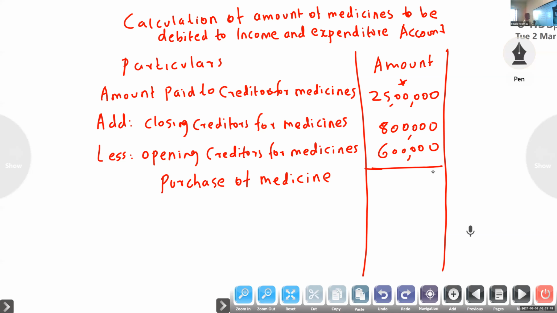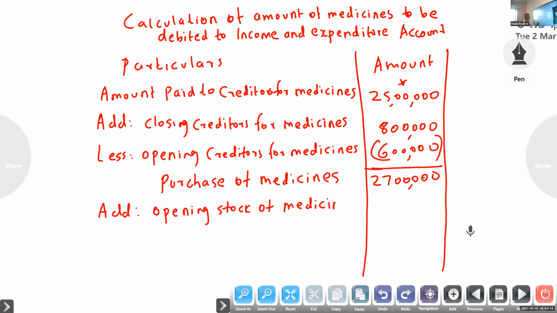So next, add, now here also stock, material not sold, add opening stock of medicines, 8 lakh, plus closing stock of medicine.